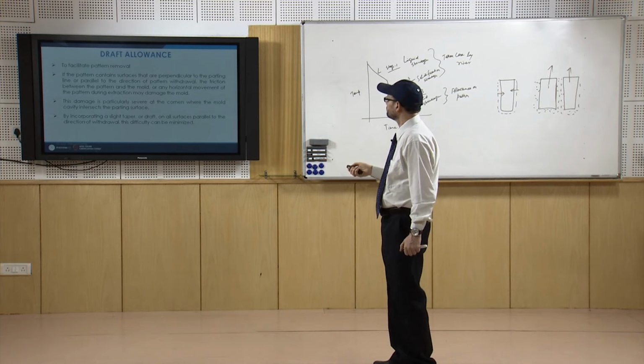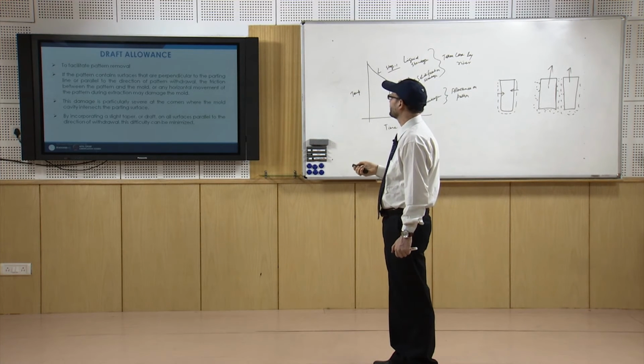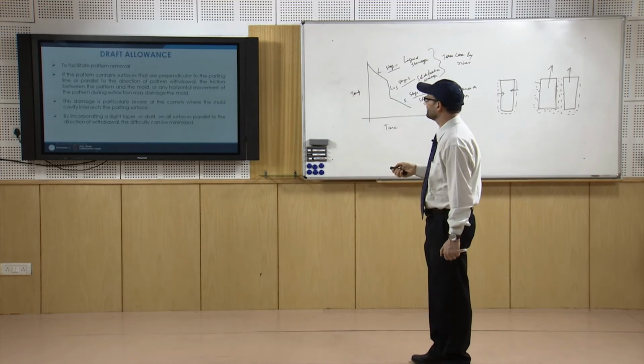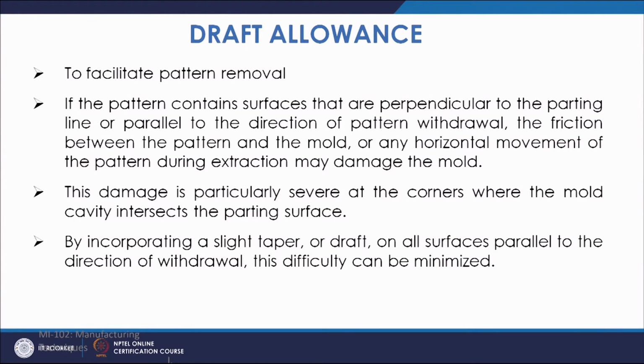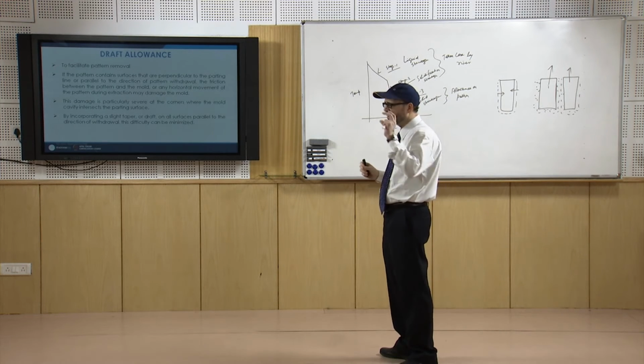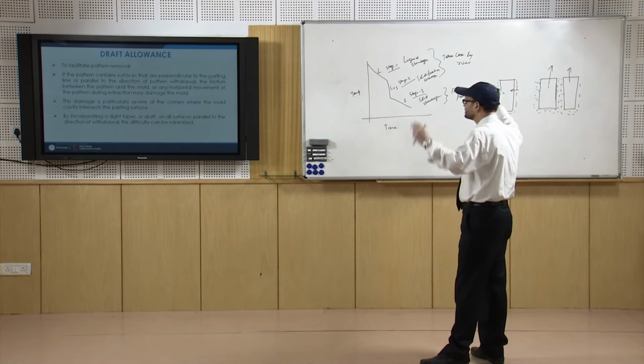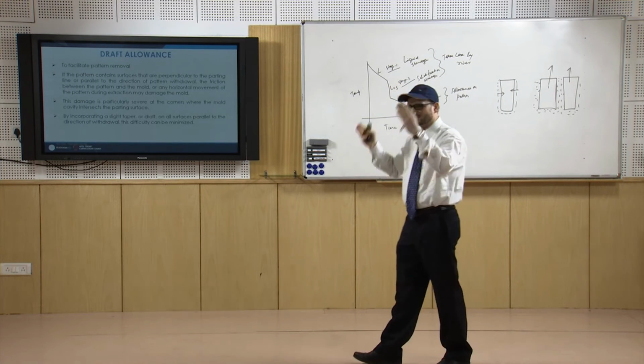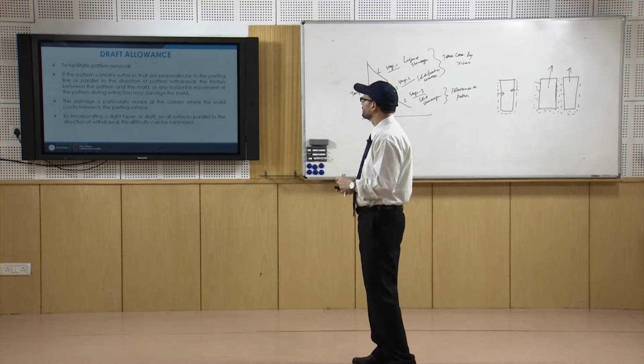To facilitate pattern removal, if the pattern contains surfaces that are perpendicular to the parting line or parallel to the direction of pattern withdrawal, friction between pattern and mold is there. That may damage the mold. Even at the corners it is more severe. So, you need to be careful in providing a certain allowance, so that you can take it out without damaging the mold.